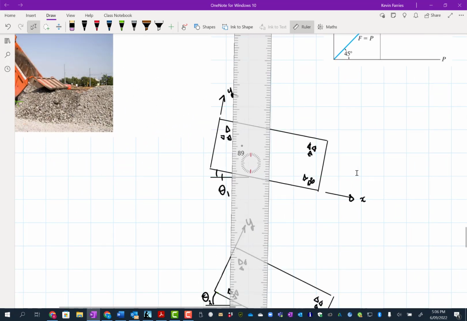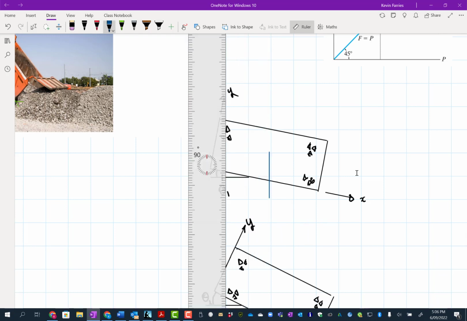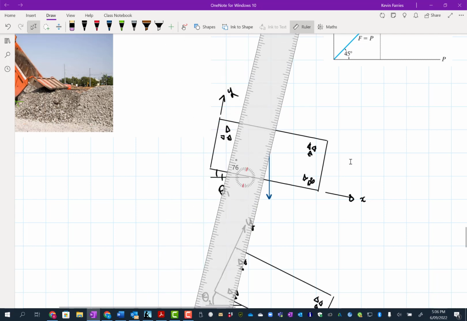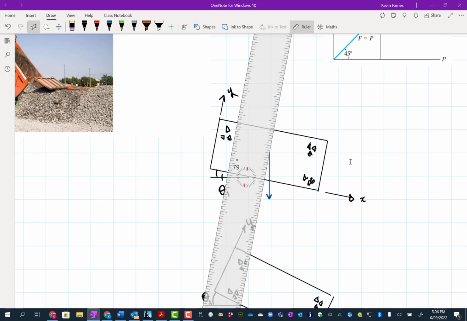And so what we're interested in is the weight, that's the applied force, it's just the weight of this gravel. It would be applied at the centroid. And the way we usually solve these problems is to split that into its components perpendicular or normal to the surface, and also a component that's parallel to that surface. So we're going to split that weight up.